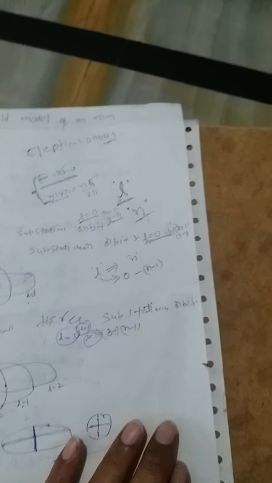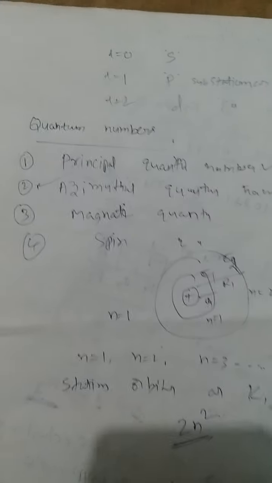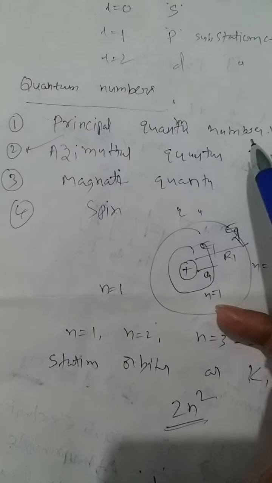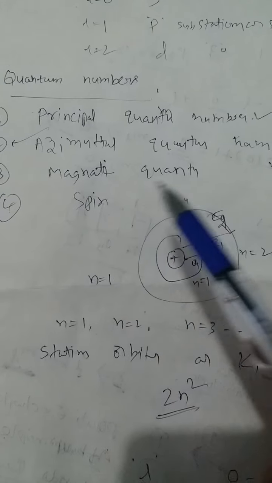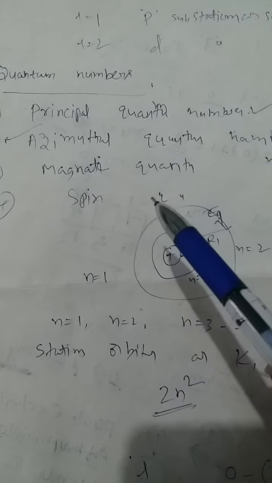Next, we should discuss quantum numbers. Quantum numbers are of 4 types. One is the principal quantum number, the second is the azimuthal quantum number, the third is the magnetic quantum number, and the fourth is the spin quantum number.